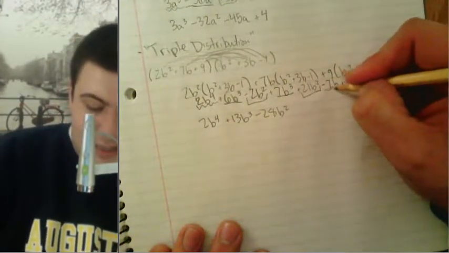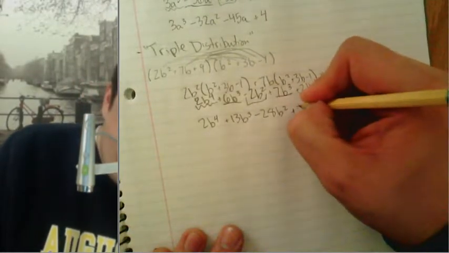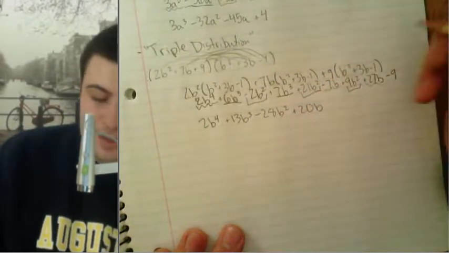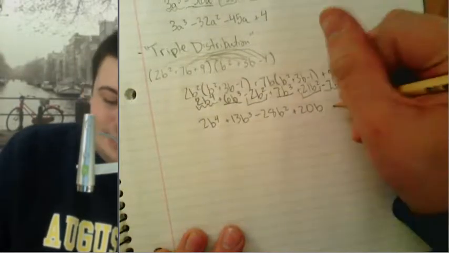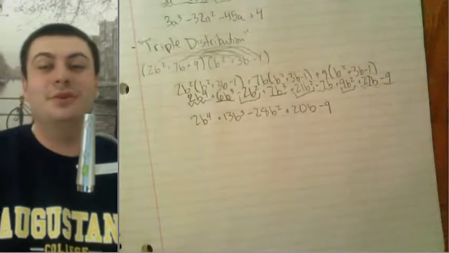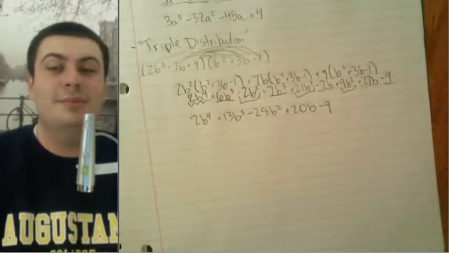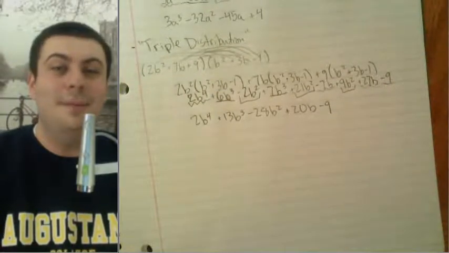I have minus 7b plus 27b, negative 7 plus 27, plus 20b, and I have minus 9. So after my triple distribution, I'm left with 2b to the fourth plus 13b cubed plus 28b squared plus 20b minus 9.